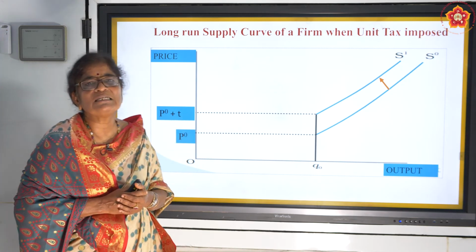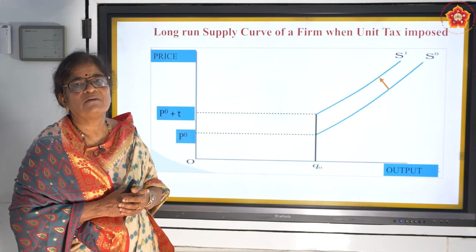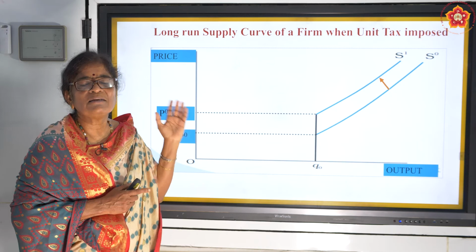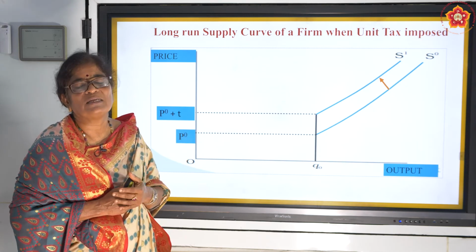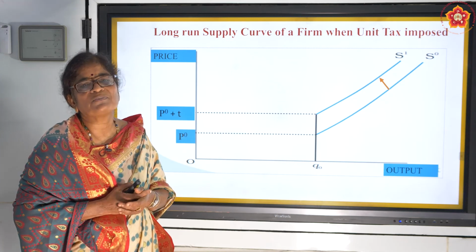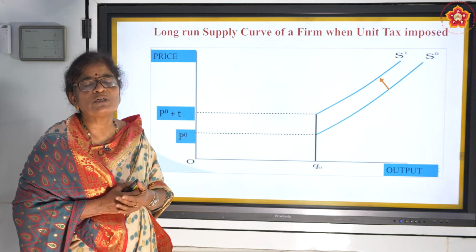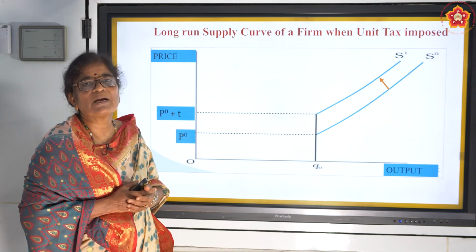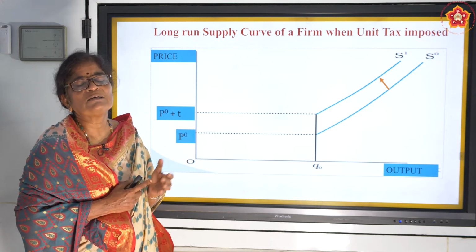Why, when the tax increases, does the firm supply less? The additional tax is included in the price only, so the price of the product will increase. What will happen when the commodity becomes costlier? People will buy less, sales will be less. People will not all buy at a high cost.